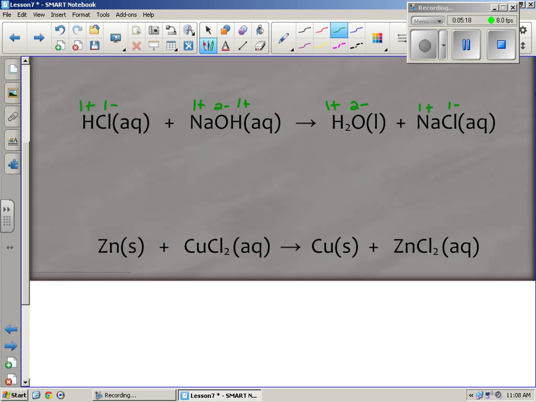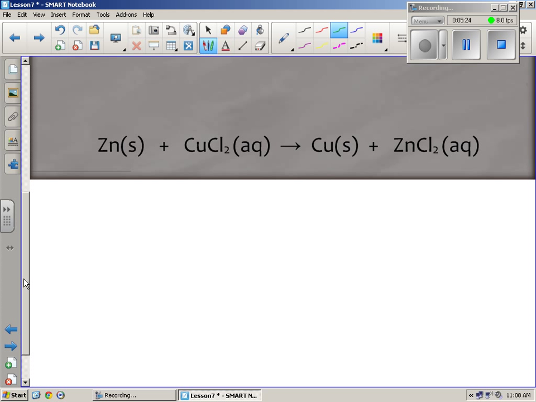Good? Questions, anyone? For that one. What should I put above zinc here? What charge? 0. Element by itself, neutral, 0. This is copper 2 chloride, so I'm going to use 2+ and a 1- here. This is copper solid, so 0.